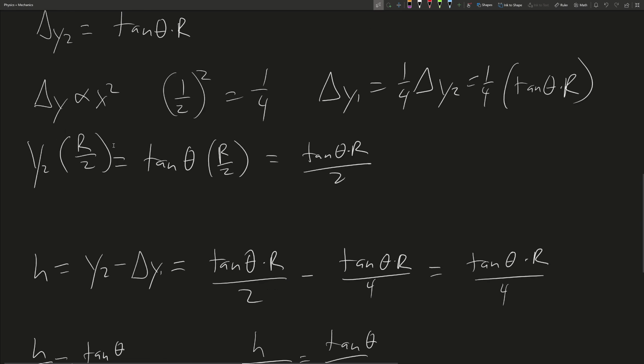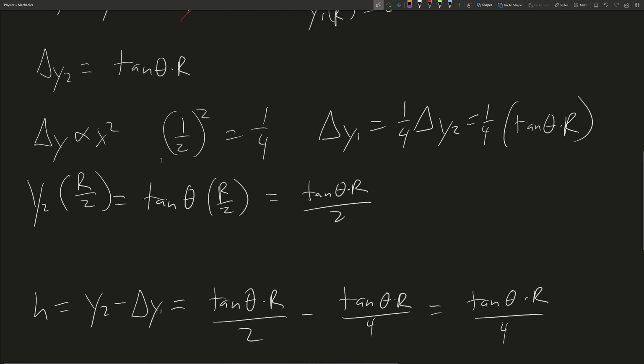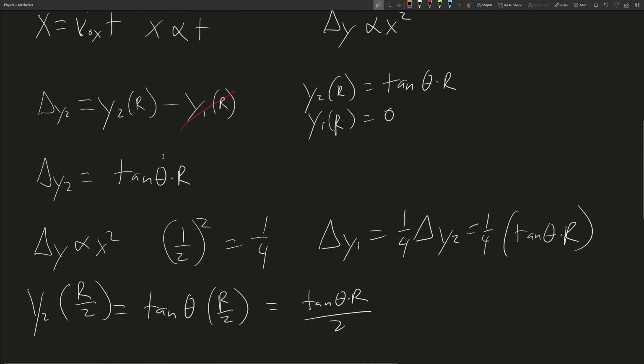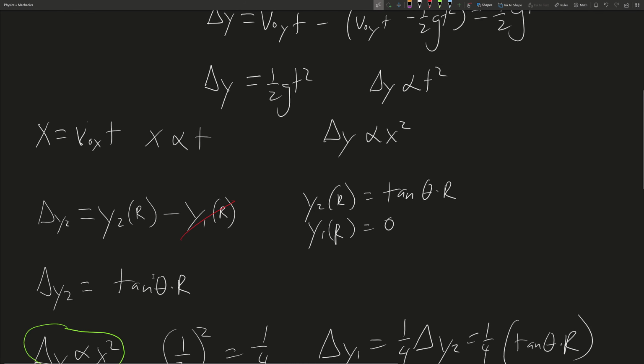Additionally, the two relationships we found here are very important. The difference in height is proportional to the distance traveled squared, and the difference in height is proportional to the time squared.